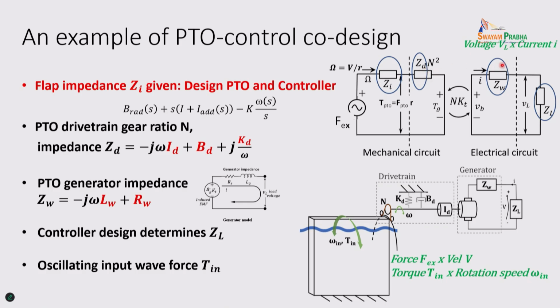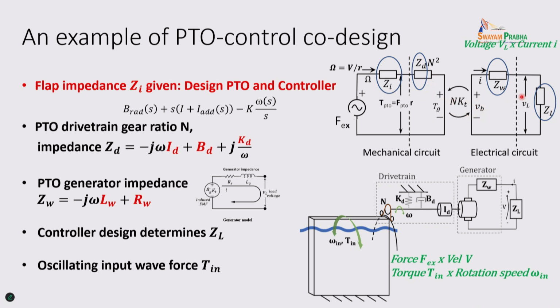You need to consider the generator's internal resistance and inductance, right? You need to consider the generator's coefficients, torque constant and voltage constant. Torque constant: you give current, you generate torque. Voltage constant: you have rotation speed, you generate voltage.